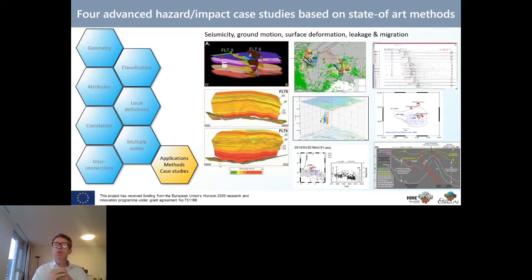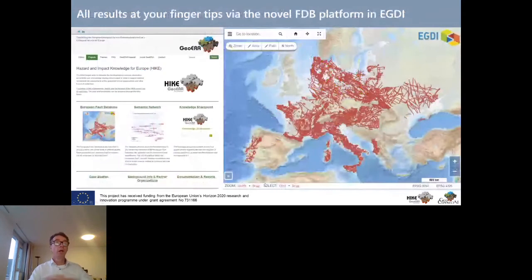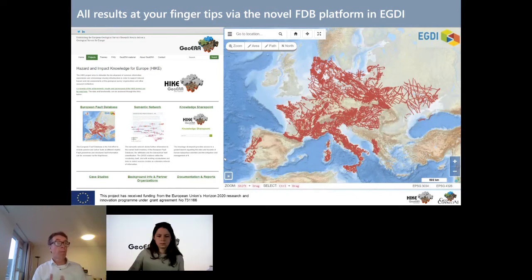We assessed studies on potential leakage and migration, assessing how faults can be a sealing or maybe a potential leakway for stored substances. So this is all included in our project website, where you can get all the reports about these studies, but also access all the fault information that we have and the background information about the standards that we have developed. So please visit the website.